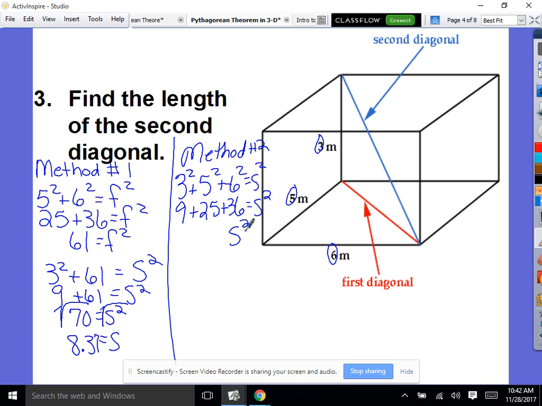So 36, 41, 61, 70. S squared equals 70. So S equals 8.37. Method 1 and method 2.